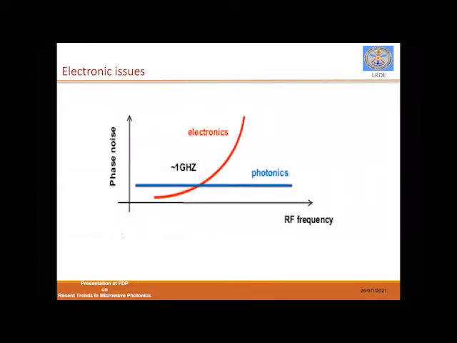Another thing I wanted to highlight is that in the case of electronics, as the frequency increases, your phase noise is going to increase. But in the case of photonics, beyond a very high value of RF frequency, your phase noise is going to remain the same, because I told you that most of the components have a wide bandwidth of operation also.